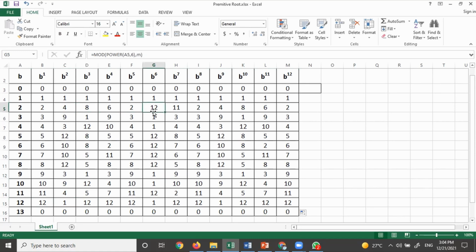Can someone check these values if you're getting the same? Sir, for 2 raised to 4, it should be 3 instead of 6. Okay, why is that? Because 2 raised to 4 is 16, so 3. I think I made a mistake here. I'm sorry.